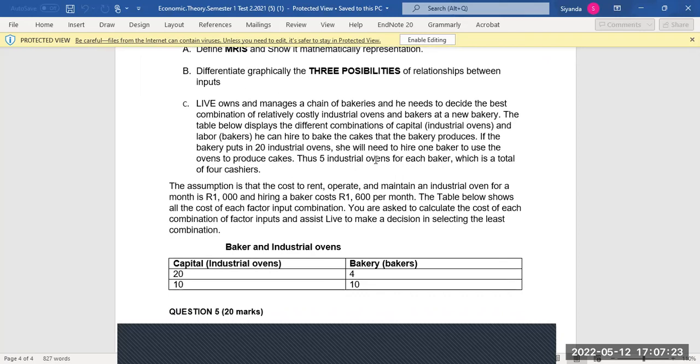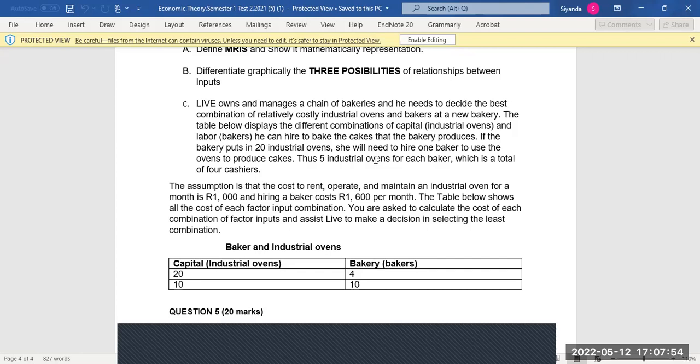So between these two intrinsic factors, we must find a least combination, right? And we also need to hire a baker, which costs 1,600 per month, which is also expensive. And in that very same time, we need to maintain this industrial oven for a month, which is also 1,000.